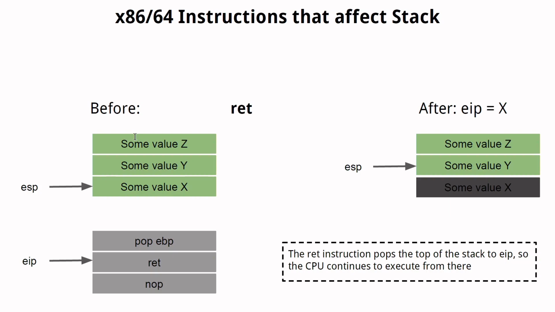Let's say we have the stack like this, Z, Y, X, ESP points to X, and EIP points to return. We're going to execute a return. After we execute the return, the value X will go to the register EIP. That's it. The CPU will start executing from the address X. So those are the four most important instructions.